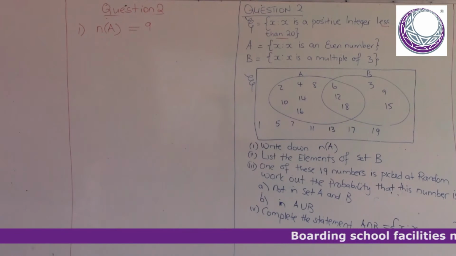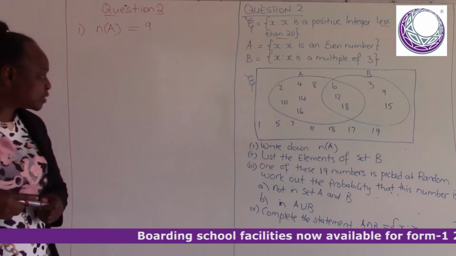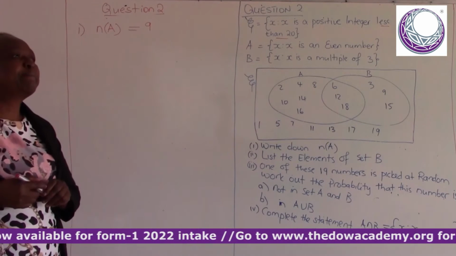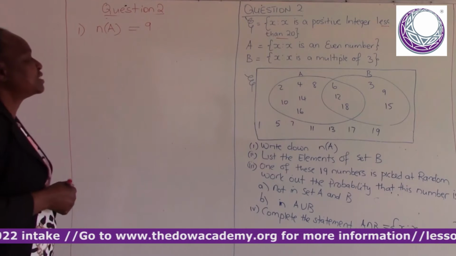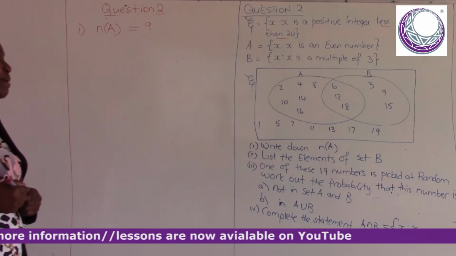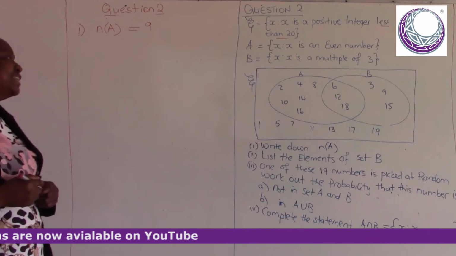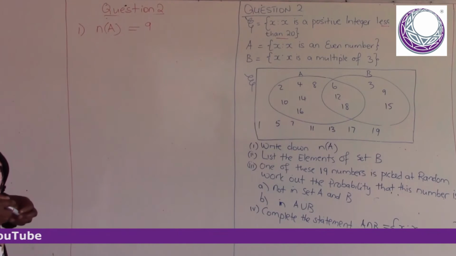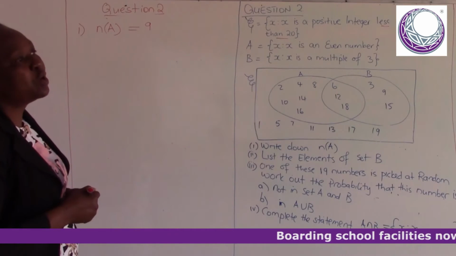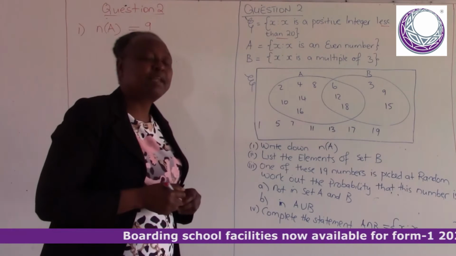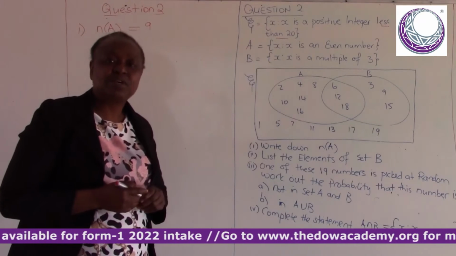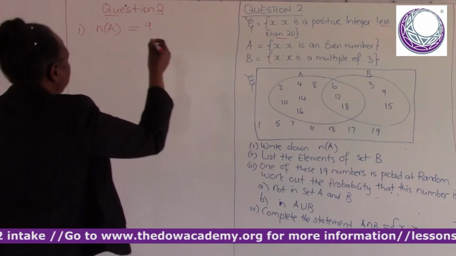When we move on to part 2, list the elements of set B. The difference is there: we are writing down the number of elements, which is just a number. But when we move on to B, it's list the elements. Each time we are listing the elements of a set, we enclose them in set braces or curly brackets.